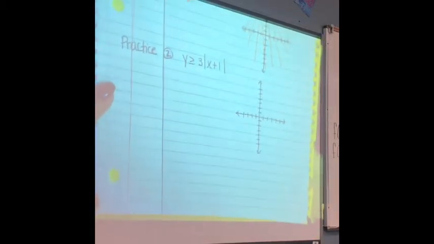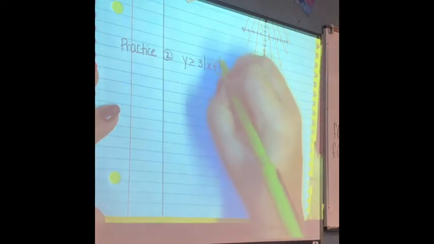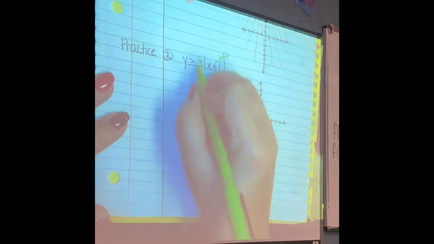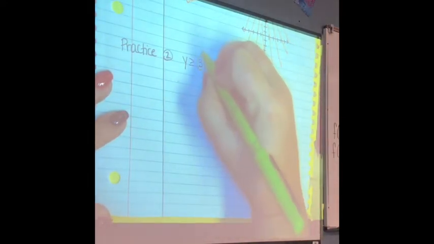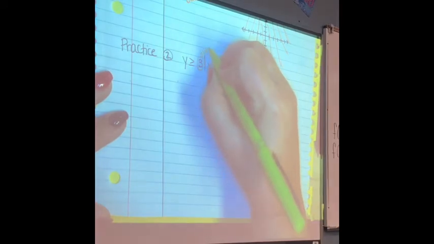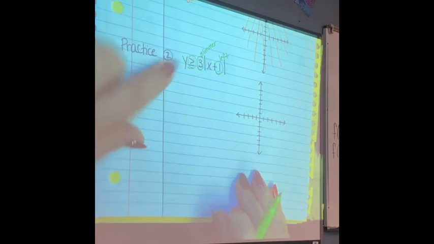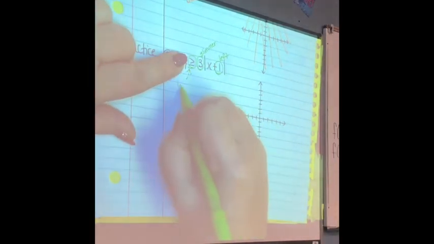So looking at this one, we had a shift left, for 1 unit. We had a dilation that was going to make it do what? Slimmer again. Even slimmer. And then we said that the sign here was going to make it solid and above.